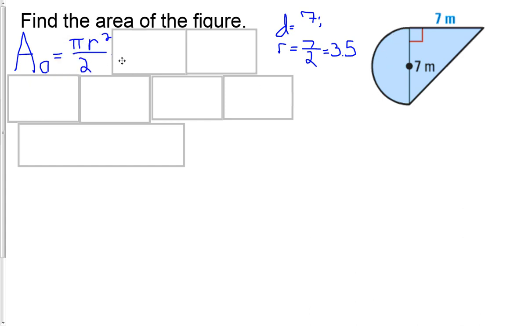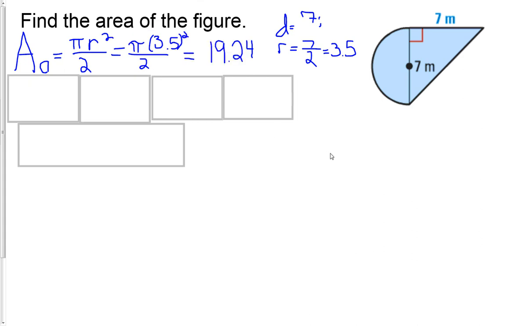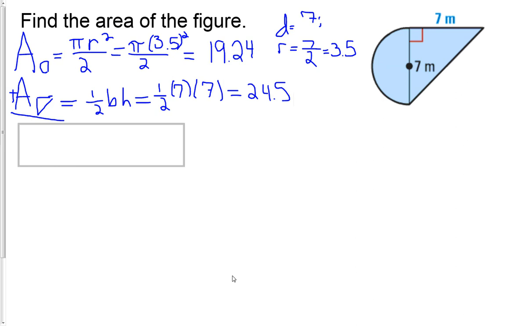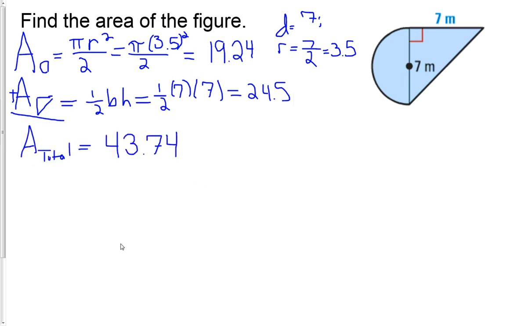So pi r squared over 2 becomes pi times 3.5 squared over 2, which is approximately 19.24. This other triangle is a right triangle. So we have base of 7, height is also 7, so half 7 times 7 for base times height is 49/2 or 24.5. When you add those two together, you get 43.74. And again, labels are meters squared. Every time should have a label.